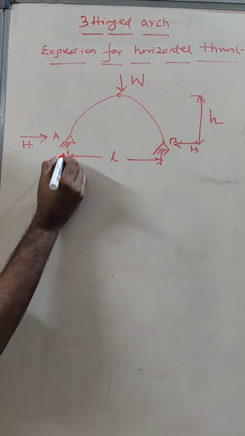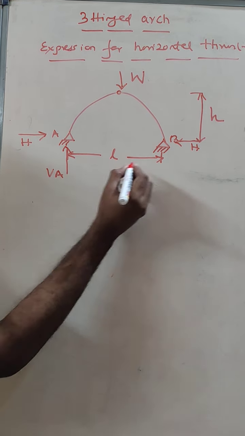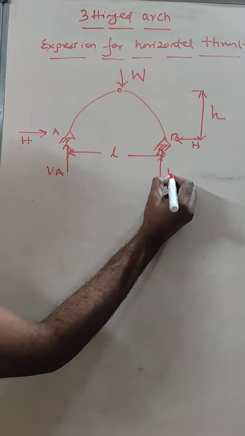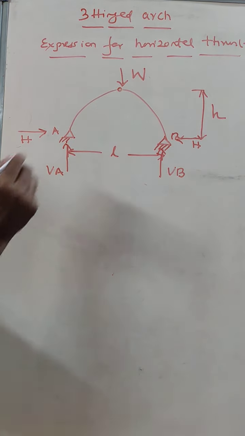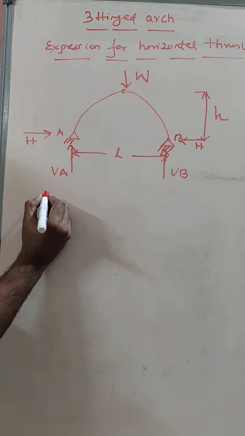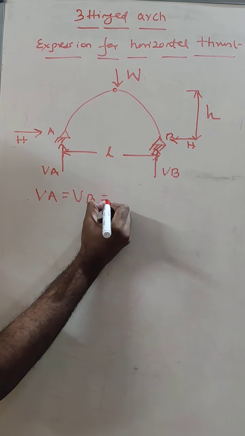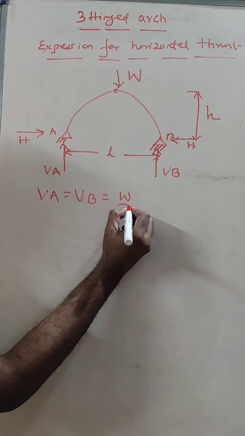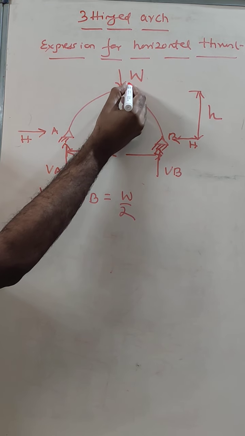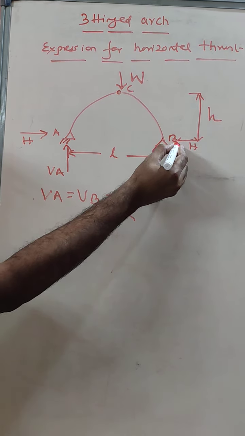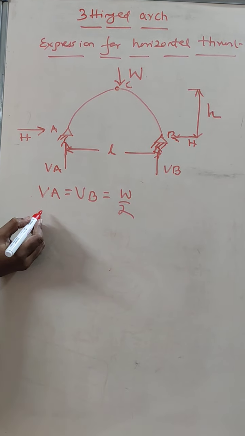So this is reaction VA, this is reaction VB. You don't have to calculate VA and VB, it's very simple because the load is only W. You can very easily write VA equal to VB equal to the total load by 2. Or you can take moment about the crown C equal to 0, moment about B equal to 0, and find out VA.